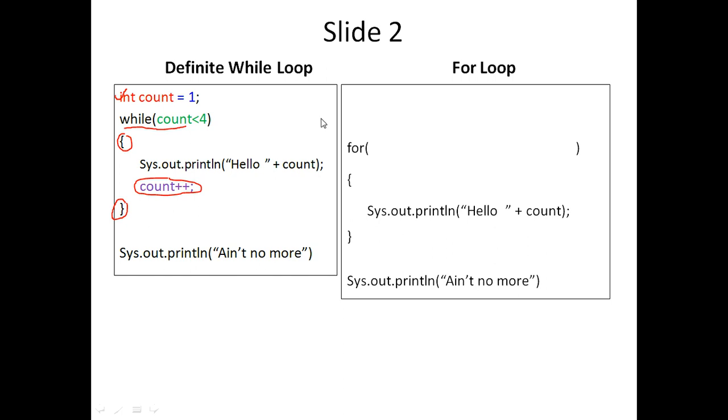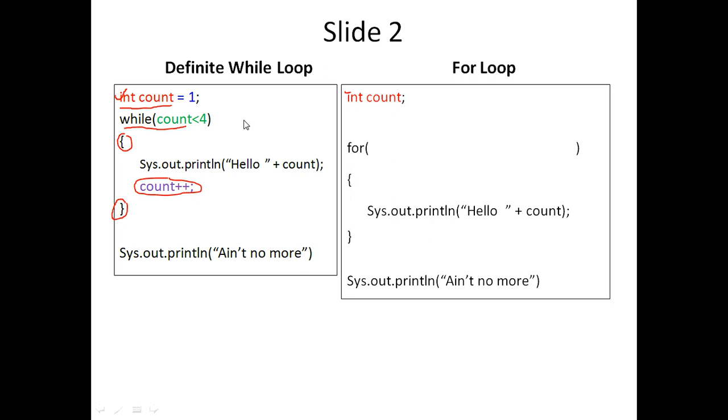So as we look at this, we see how here's where the control variable is declared and assigned. In the for loop, we're just going to declare it. So right here we're just declaring the control variable.